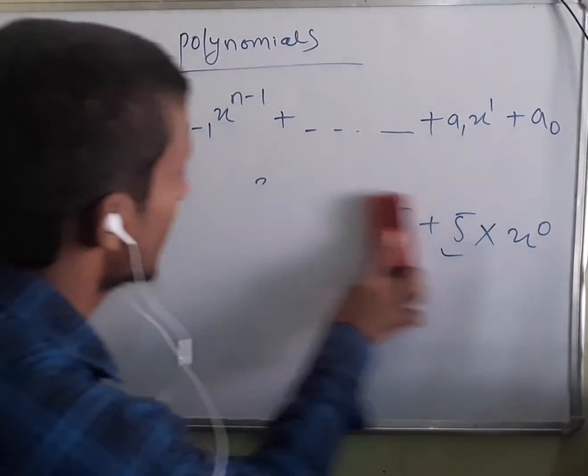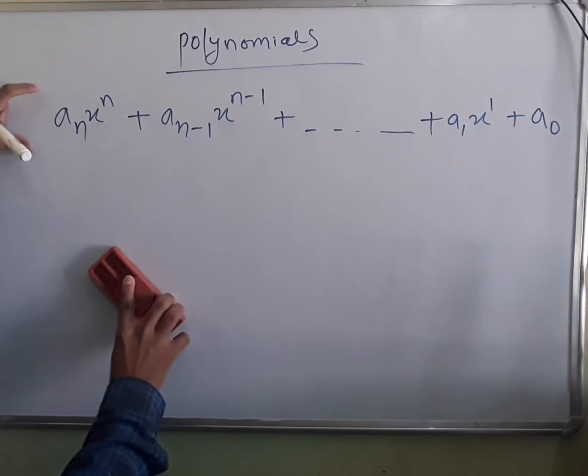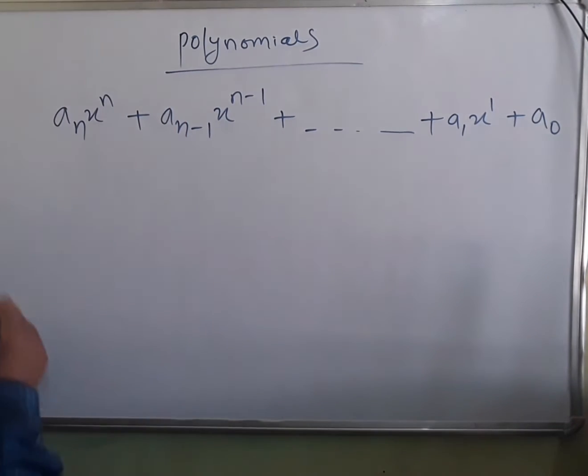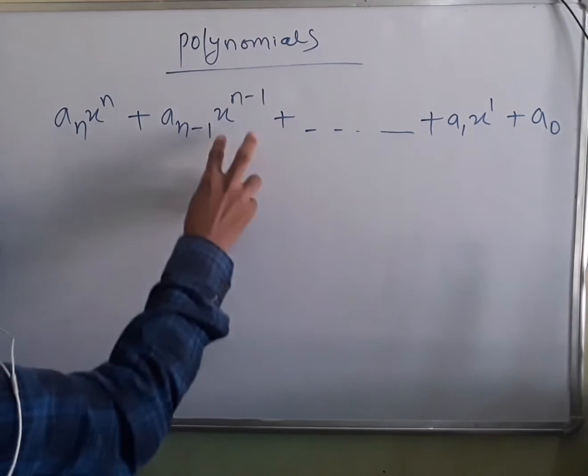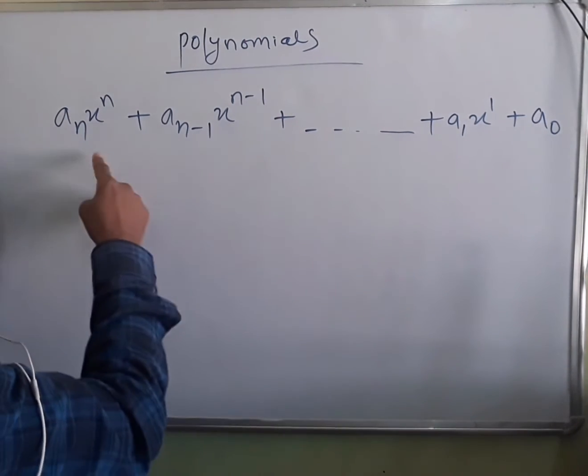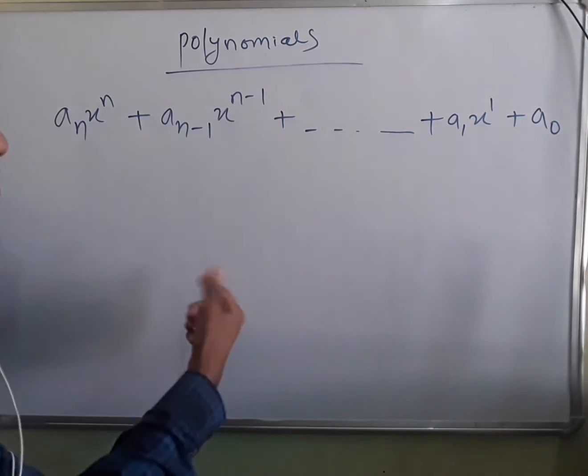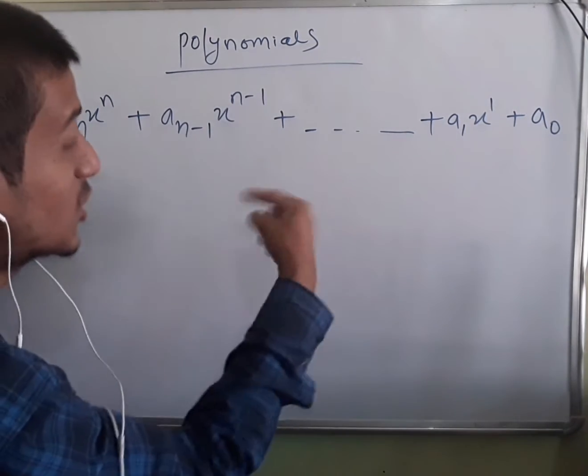Let's have a look at this general form of a polynomial. This is a variable with an nth power. This is a variable with n minus 1 power, meaning its exponent is decreasing.